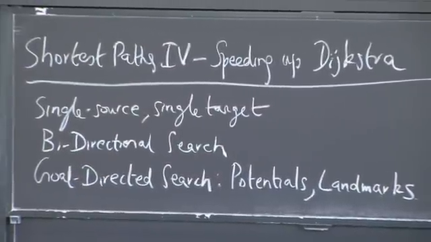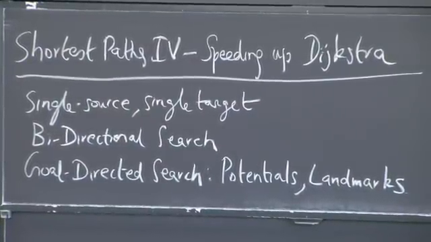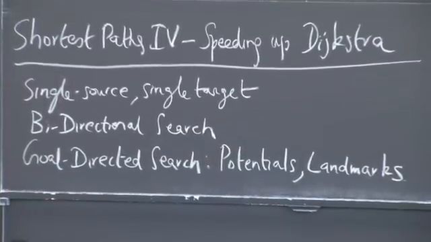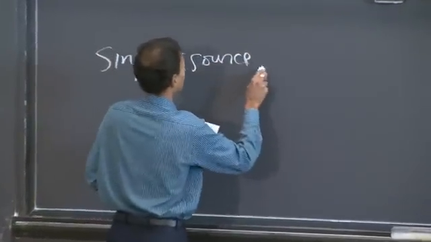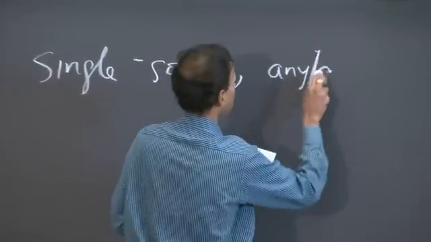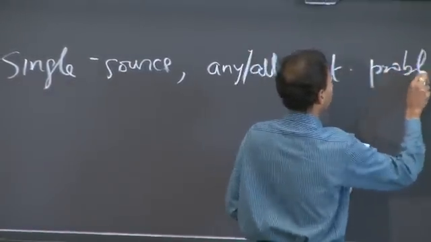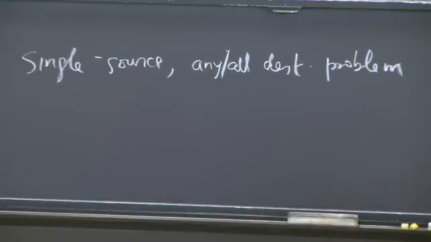The first one you've already done. You can optimize Dijkstra when you're looking for a single target. So implicitly, we've assumed that we're solving the single source, any or all destination problem when we've looked at the original Dijkstra algorithm and the Bellman-Ford algorithm.